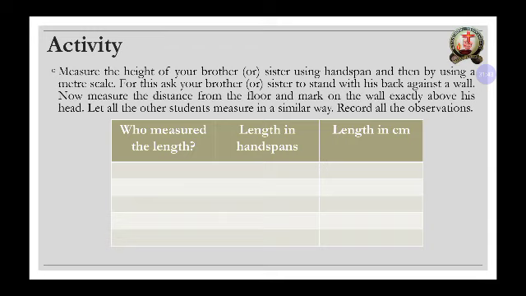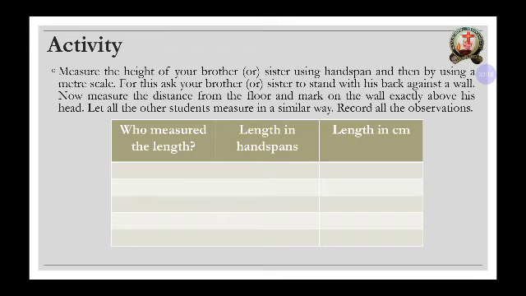In a similar way, let the other students also measure it, and call your friends and find out the measurements they have taken. For example, if you are doing it for your brother, you find the length in hand spans and in centimeters, get the answer from your friend also and compare it.